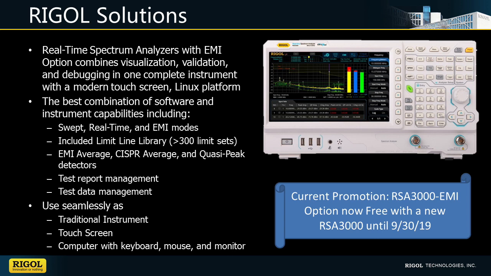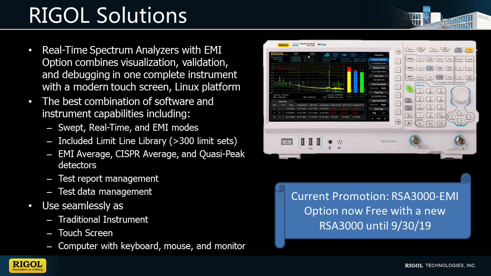Really at the heart of our EMI pre-compliance solutions are the new real-time spectrum analyzers here at Rigol. Models like the RSA3000 allow you to do both swept analysis with high performance for visualization tasks, real-time mode, which is great for some validation and a lot of debugging tasks like we just did, and then our new EMI mode, which is ideal for your radiated and conducted validation tests, with over 300 limit lines preset, pre-built into the library.